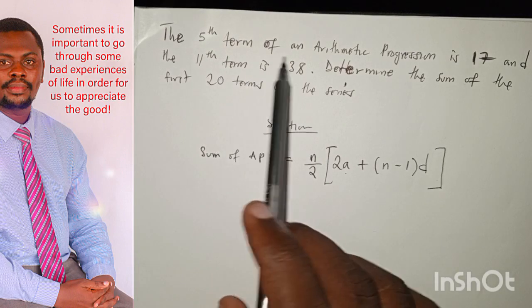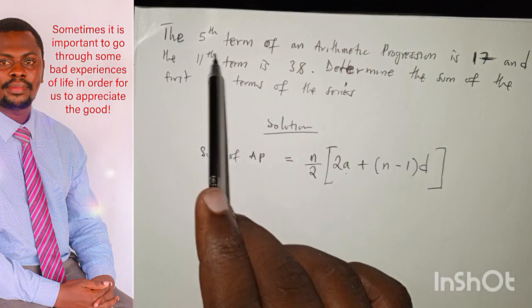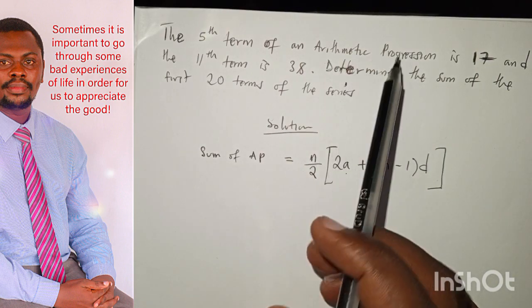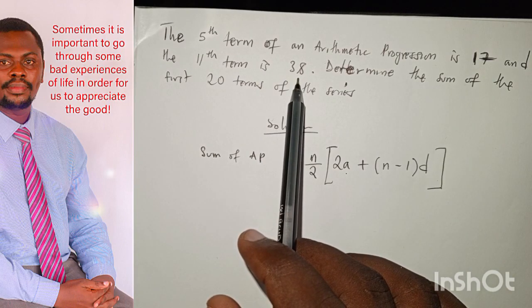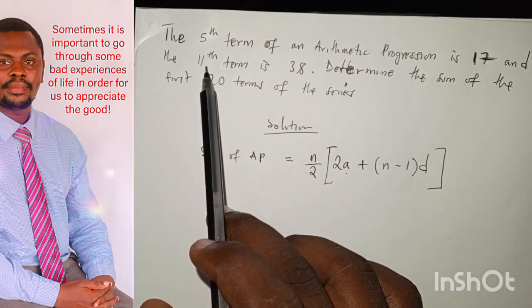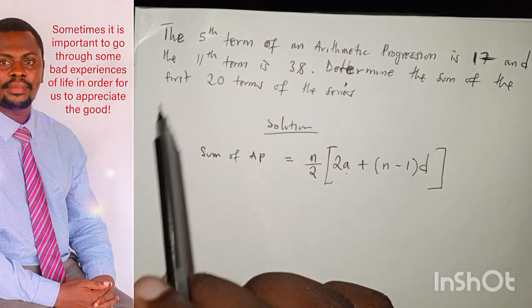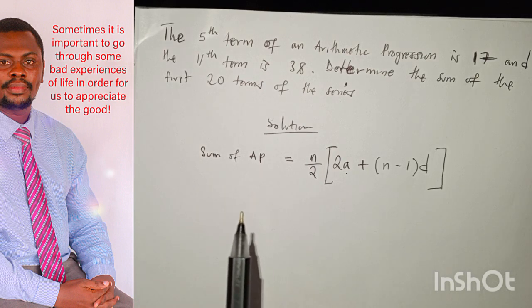The fifth term of an arithmetic progression is 17, and the 11th term is 38. So we have the fifth term and the 11th term. These are positions. There is a formula for calculating the nth term of an arithmetic progression.